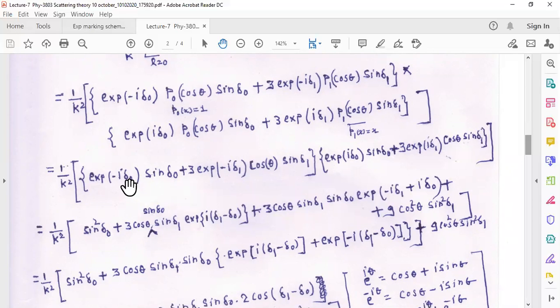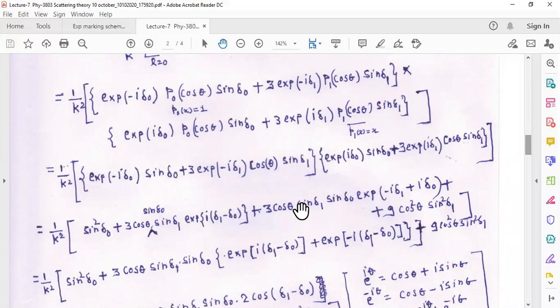So I multiplied the first term with the second term of the square bracket term. So you see here 3 cos theta sine delta 1, the sine delta 0 is already here, and this exponential of minus i delta 0 and exponential of i delta 1 gives you exponential of i delta 1 minus i delta 0.